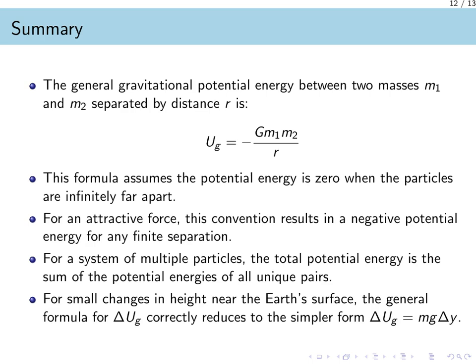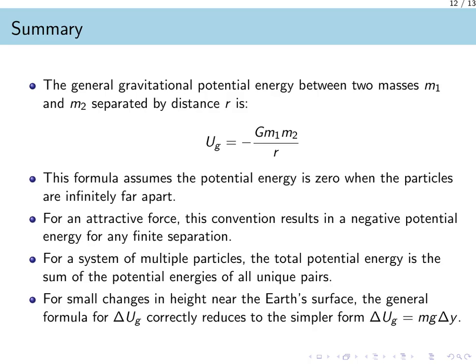Let us summarize the key ideas about the general form of gravitational potential energy. The potential energy, U sub g, between two masses, m1 and m2, separated by a distance r, is given by the equation U sub g equals negative G times m1 times m2, all divided by r.